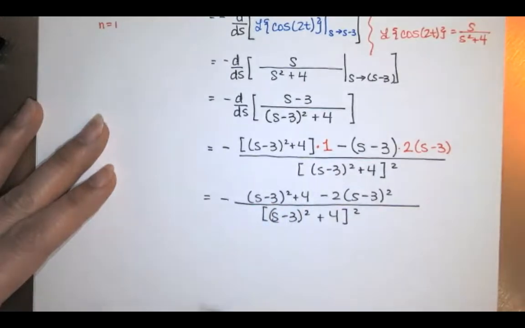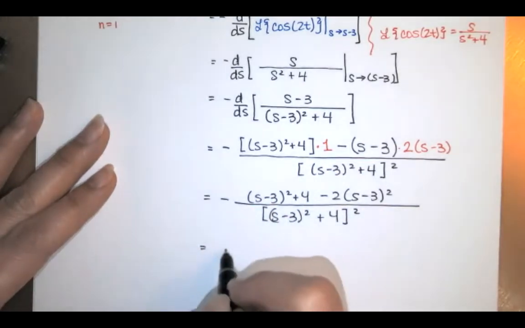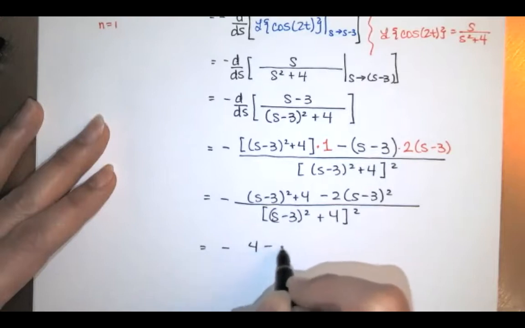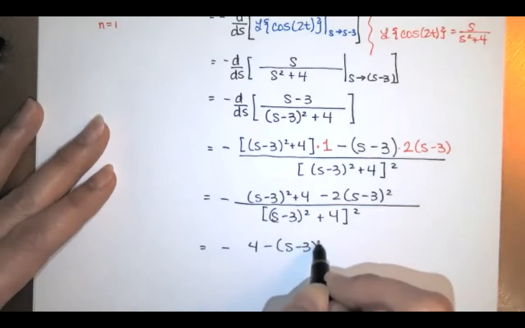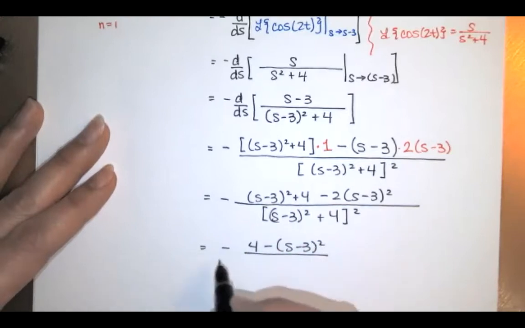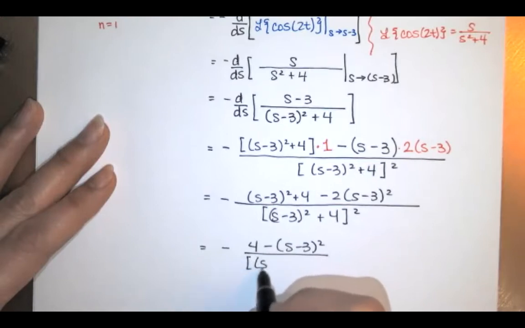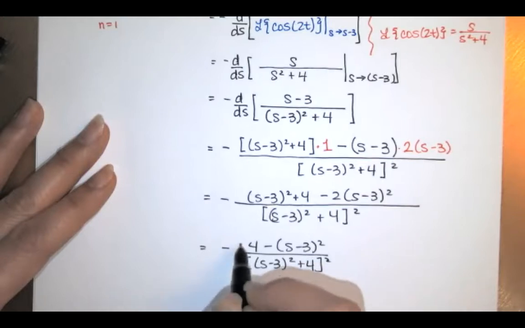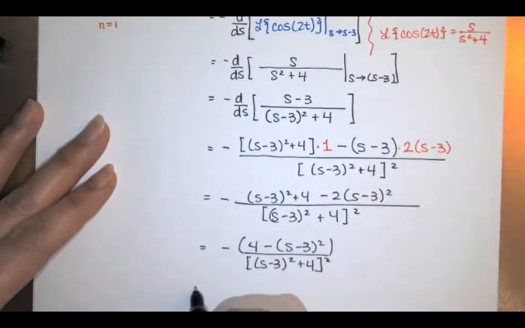So that means I've got negative 1 of those. So I've got 4 minus (s minus 3) squared, and all of that's being multiplied by that negative 1 outside. So if I wanted, I could distribute that negative to the numerator here, and that would just flip the order. I'd have negative 4 plus this, which is the same as the positive version of this minus 4.